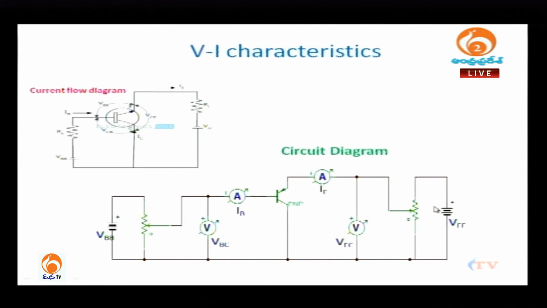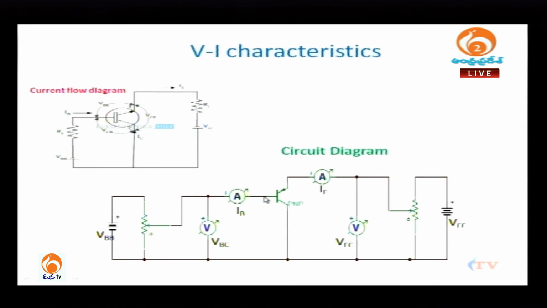Once we have fixed this voltage, emitter to collector voltage is constant. Now, when we try to increase VBC, here this voltage we are trying to increase. Since this voltage, that is emitter to collector voltage, is constant, if we try to increase this voltage, this decreases.